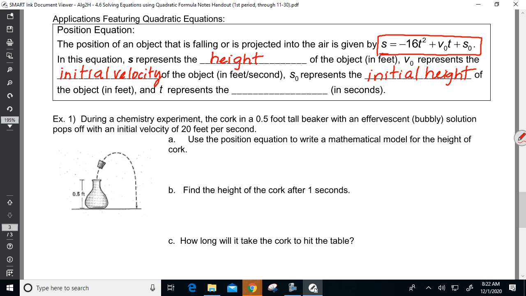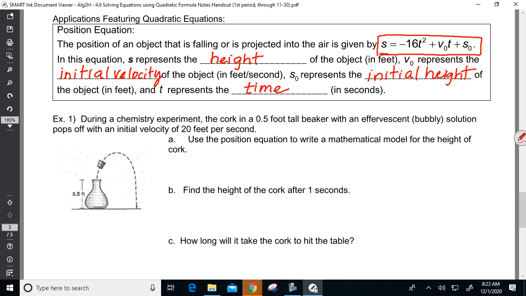If that number is 0, that means you're starting on the ground. If it's an actual number, then you're starting whatever it is off the ground. And t represents time in seconds. So for the most part, you have to be given the initial height and the initial velocity to set up the equation.